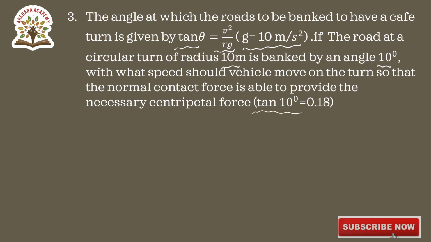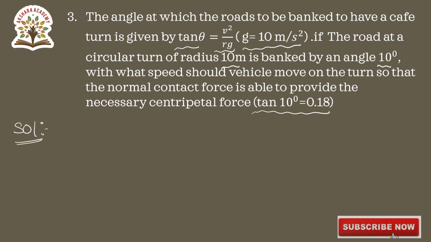So here in this question, the given formula you have to use is tan theta is equal to V square by R g, where g is 10 meters per second square, radius 10 meters and angle 10 degrees. Here they given tan 10 degrees is equal to 0.18.